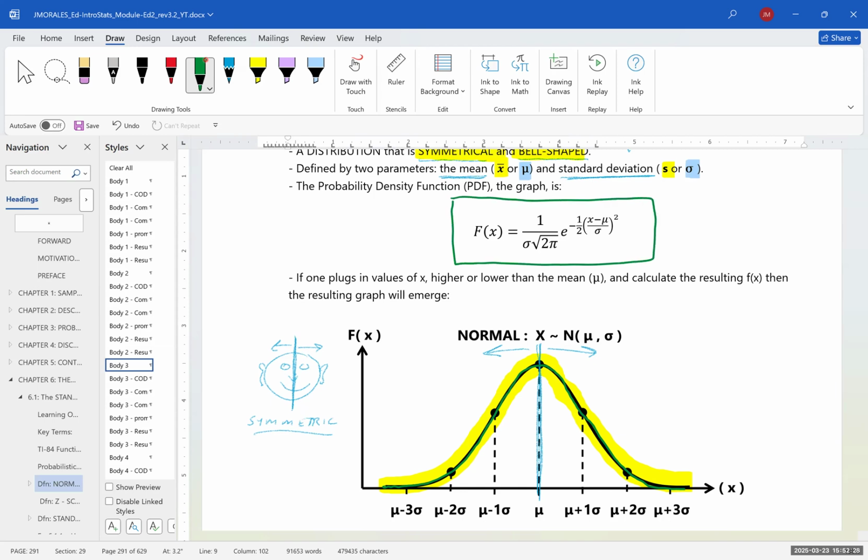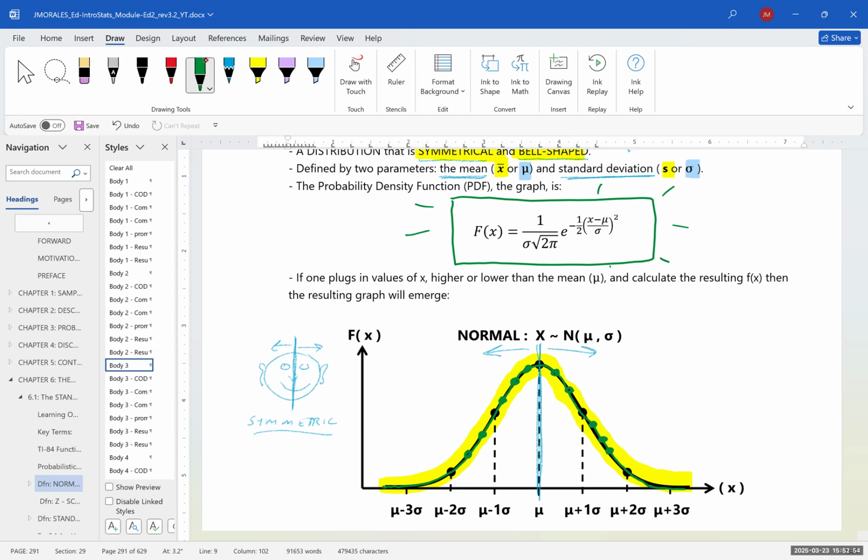We're not going to be using this equation directly, but it's important to know that every point on this line, on this normal distribution, can be calculated using this equation. So how do you do that?